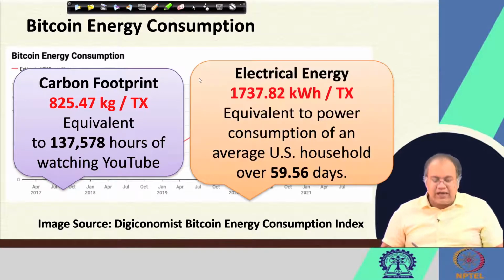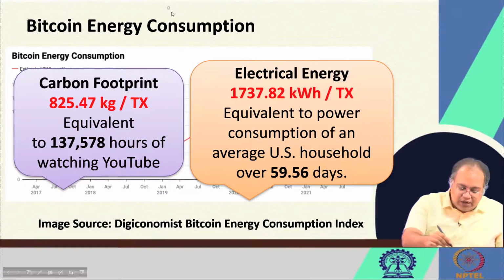The second stat is about the electrical energy consumption. Per transaction, it takes up to 1737.82 kilowatt hour, which is equivalent to the power consumption of an average US household over 59.56 days.